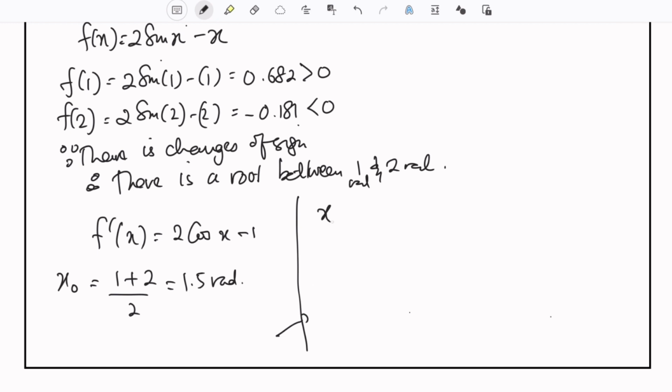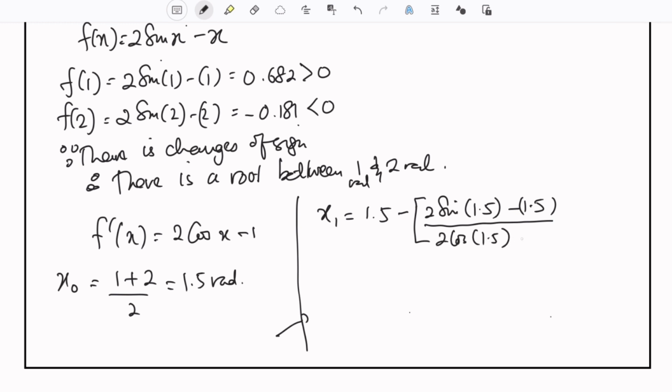Next will be x1. Substitute 1.5 minus, make sure you use bracket, 2 sin of 1.5 minus 1.5 over 2 cos of 1.5 minus 1.